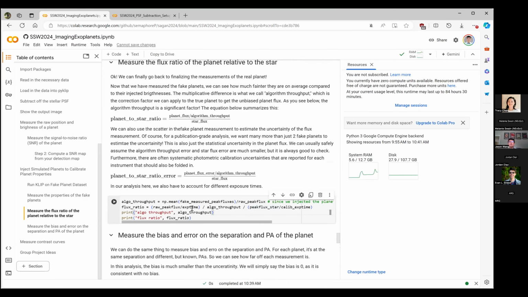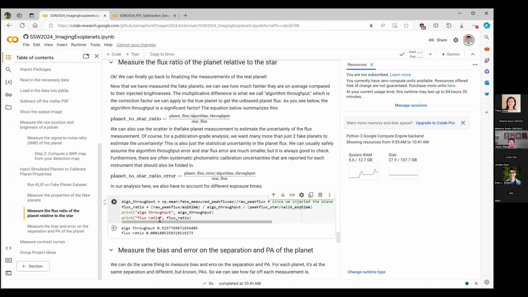So that's why we're dividing the peak star flux by the exposure time, and we're also dividing the planet flux by its exposure time. And now that we've normalized both by their respective exposure times, we can divide the two and correct for algorithm throughput. And once we have that, you can see that we measured an algorithm throughput of 0.5, and we measured a planet to star flux ratio of 1.8 times 10 to the minus 4.